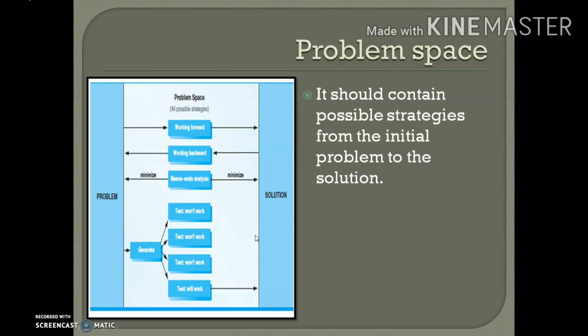This range starts with defining the problem and then proceeds to the intermediate stage of identifying and testing possible solutions. So it ends with the final stage of choosing and implementing a solution.